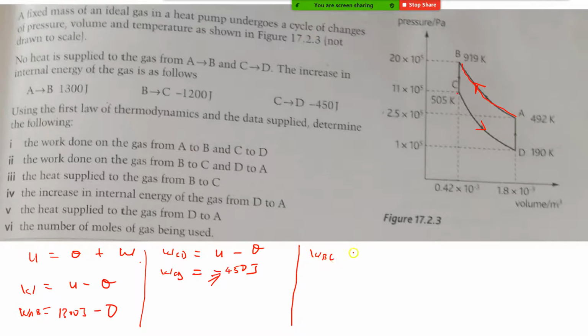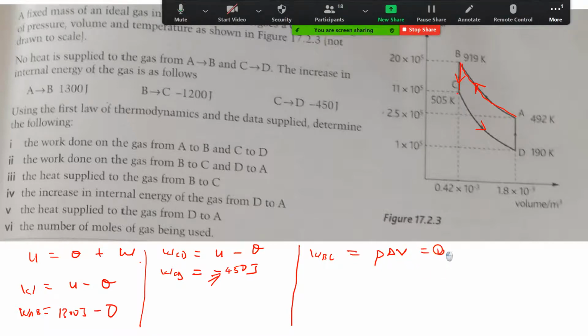Remember now, what type of process is B to C? B to C is right here. So is that the isovolumetric? Yes, the isovolumetric. So with that being said, pressure times change in volume is going to equal 0.